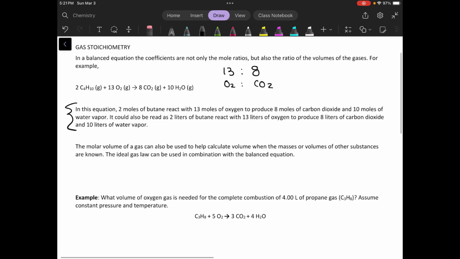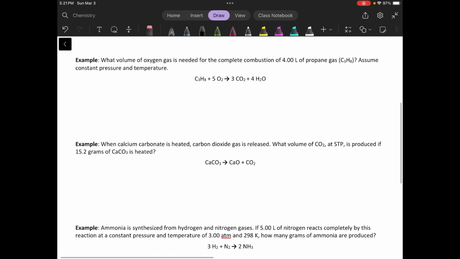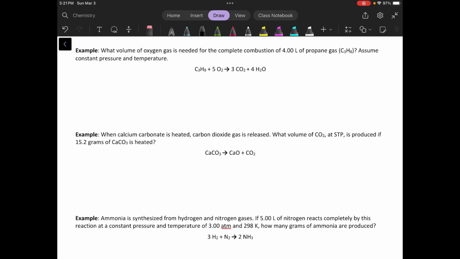So let's look at the first one. Okay, it says at what volume of oxygen gas is needed to complete the combustion of 4 liters of propane. So they're giving us a volume, they're asking for a volume, so we can do a pretty short problem here.